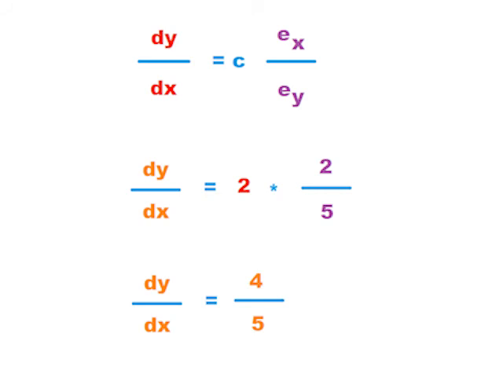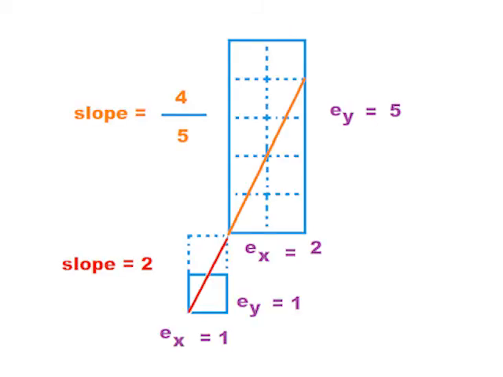So the dy over dx for the second block, for it to maintain a straight line according to the new formula, is equal to 2 times 2 over 5, and that equals 4/5. And in the picture, we see that 4/5 of the vertical distance in the second block is covered by dy when it comes to continuing the straight line.